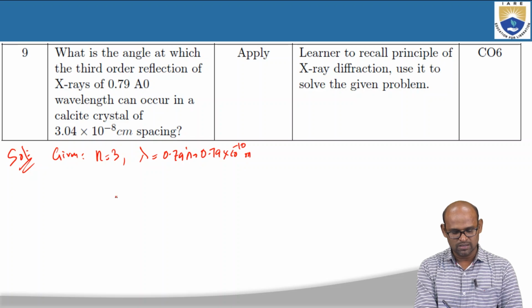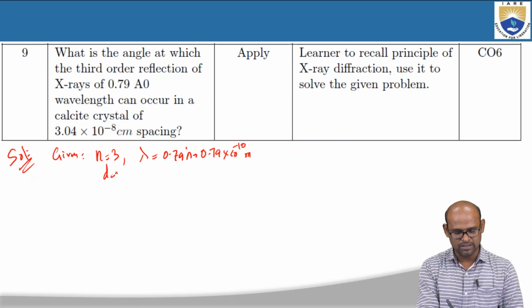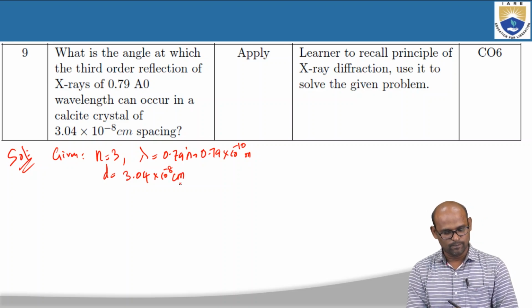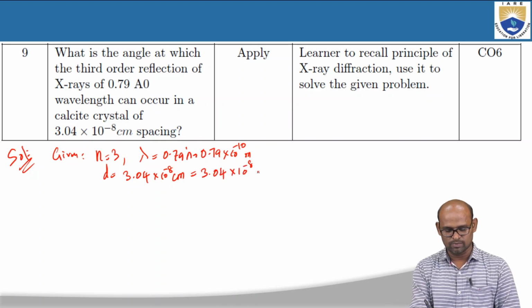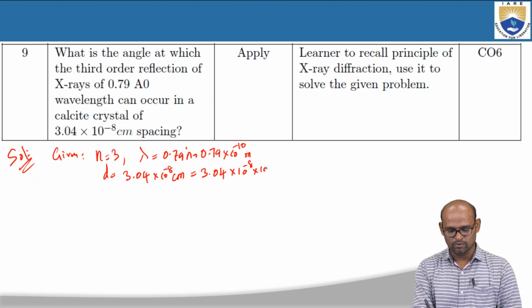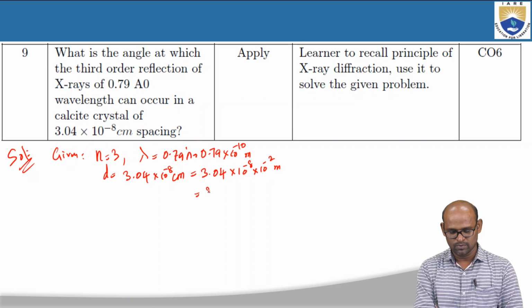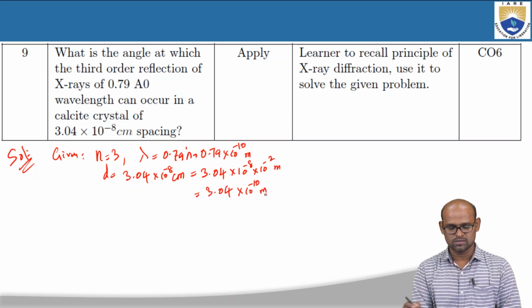And also they have given us the interplanar spacing d, which is 3.04 into 10 power minus 10 centimeters. So this we can convert into meters. 1 centimeter is 10 power minus 2 meters. So basically that will be 3.04 into 10 power minus 10 meters.